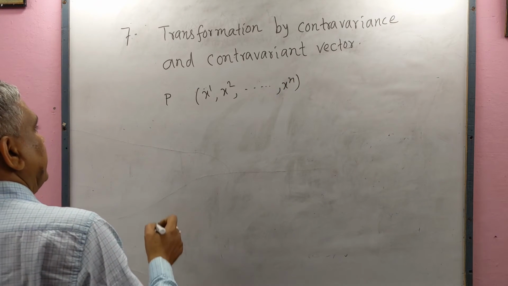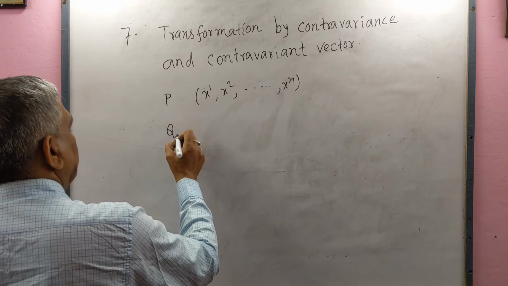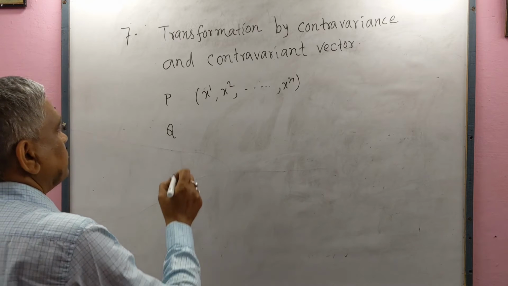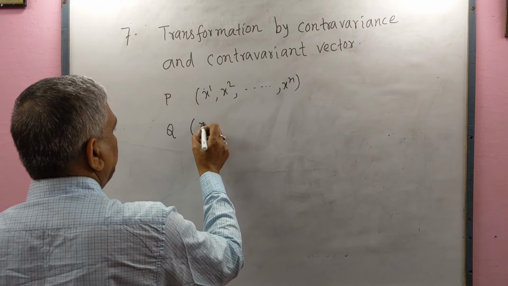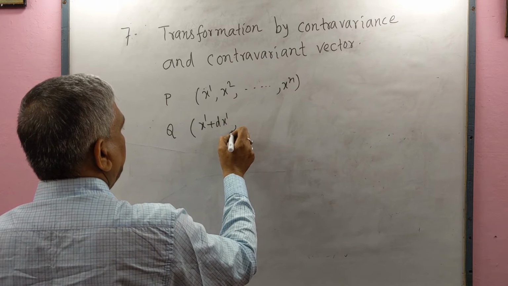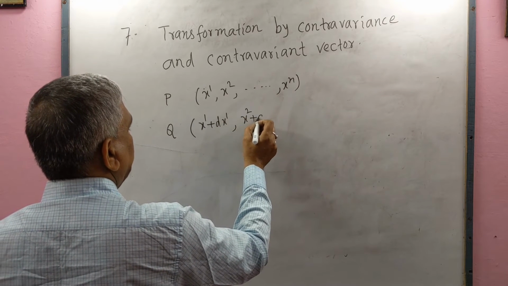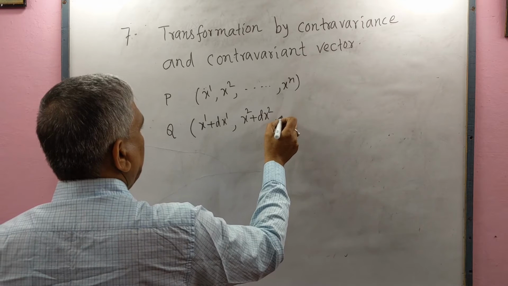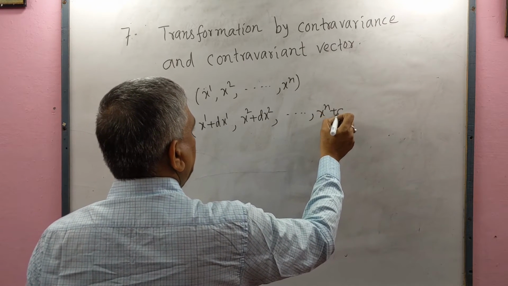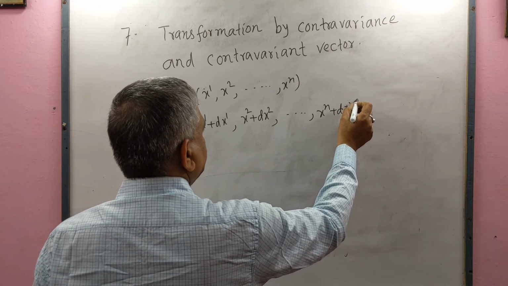Another point Q, which is very near to point P, has coordinates denoted by x1 plus dx1, x2 plus dx2, xn plus dxn.